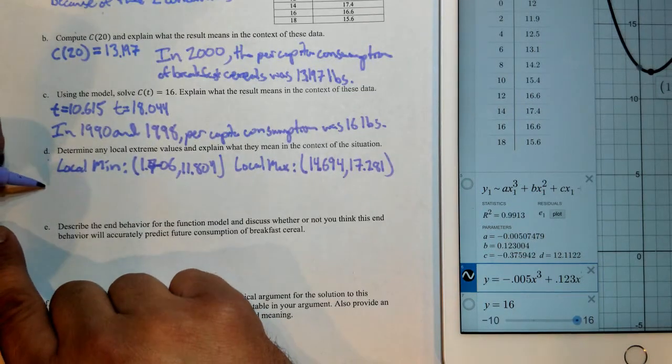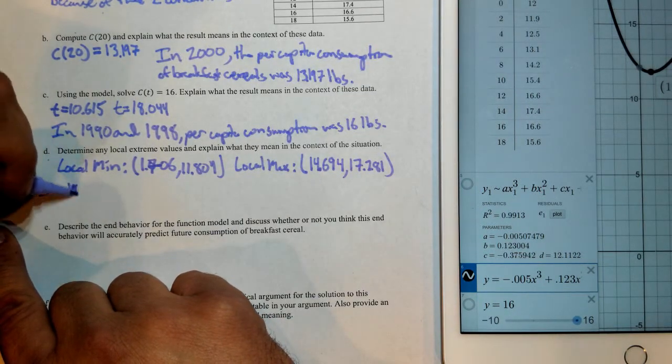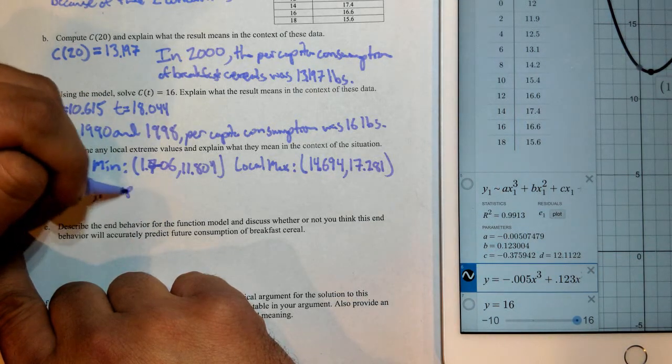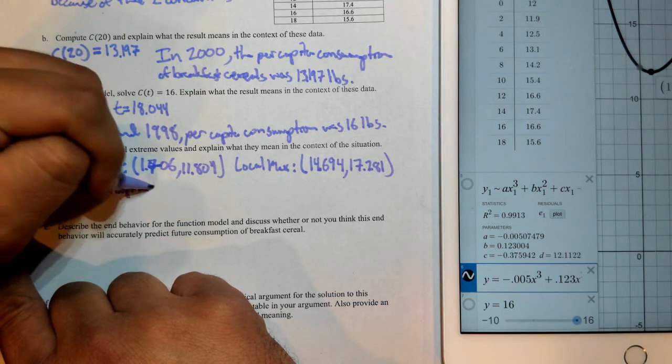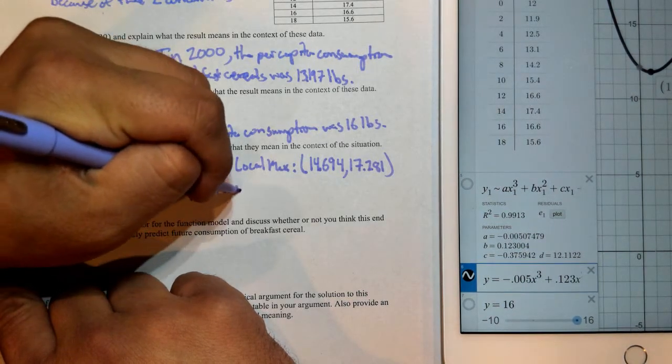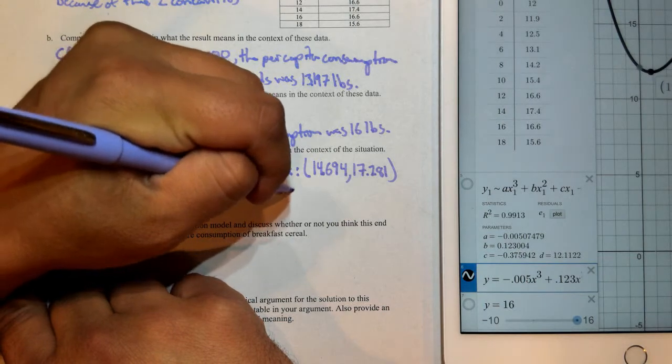So in 1981, per capita consumption was at a low.